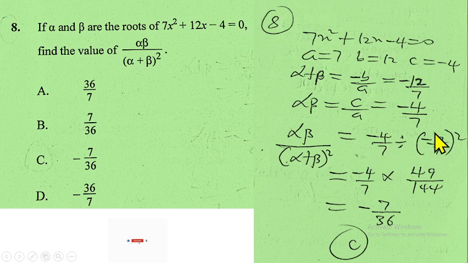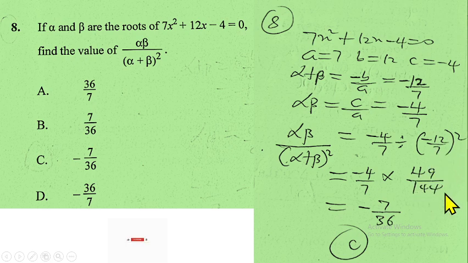Do we understand this statement here? If you understand that, you'll be having minus 4 over 7 times, we can change this to times by this one going up, this one coming down. So you'll be having 7 over minus 12, squared.